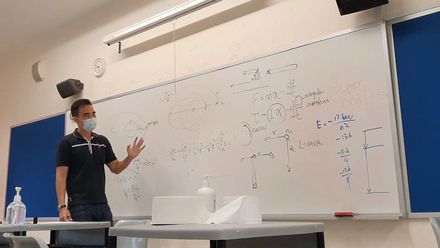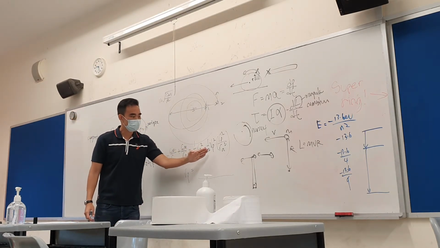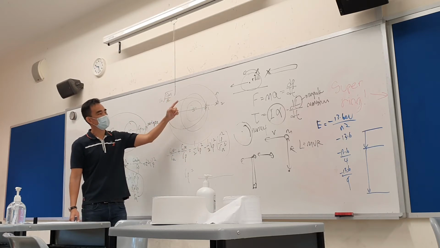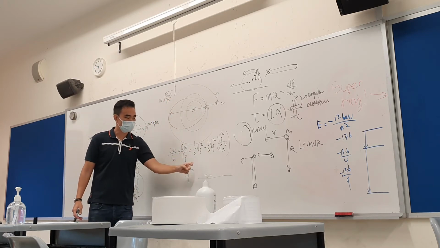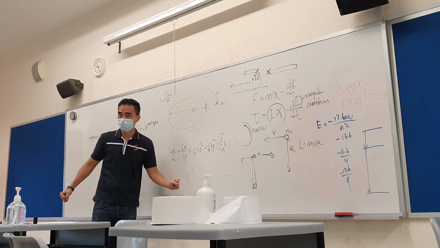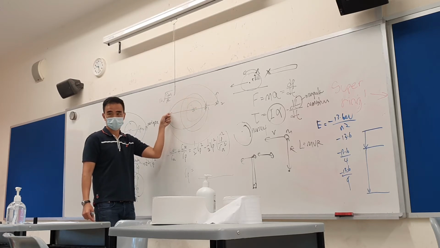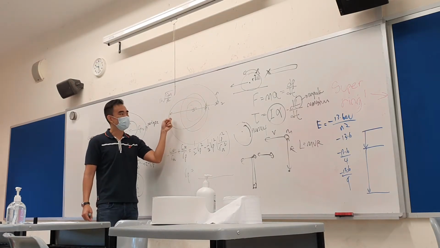So all you need to do is calculate the speed at this point, the perigee, change the speed of the satellite from this value to the new value over here, give it a punch, then you automatically go all the way here.